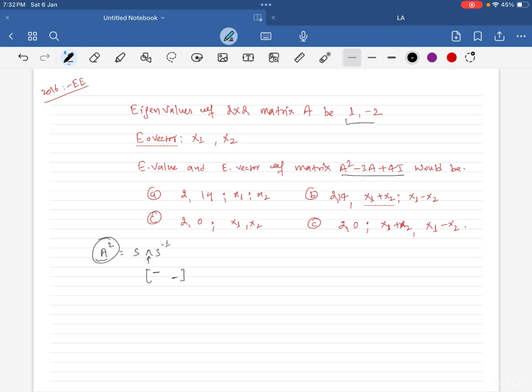We have been given the eigenvalues of A, so for the matrix A square, the eigenvalues would be 1 and 4, right?